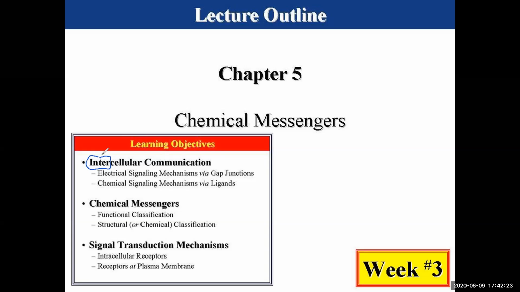It can be short distance, it can be long distance. The point is the communication is between two distinct cells. Those two cells can be next to each other, or they can be in two different organ systems. Okay?